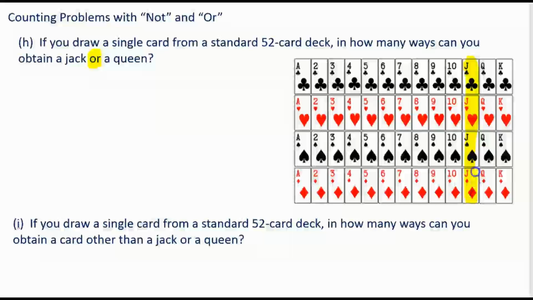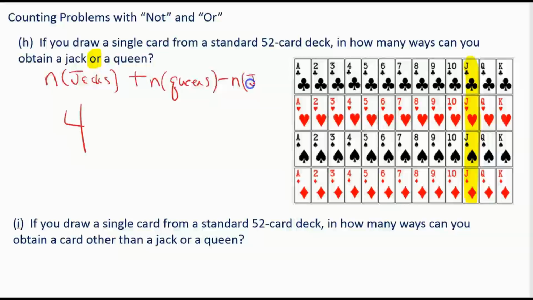How many jacks do we have in a deck of cards? Well, notice there's 4. So that's going to be 4, or we could call that the number of jacks. And again, since it says OR, we're going to add the number of queens. And the rule says we have to subtract out the intersection of jacks and queens.